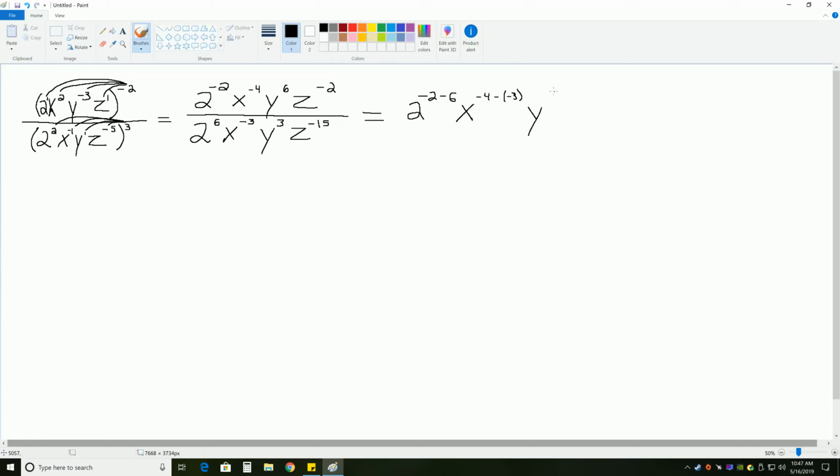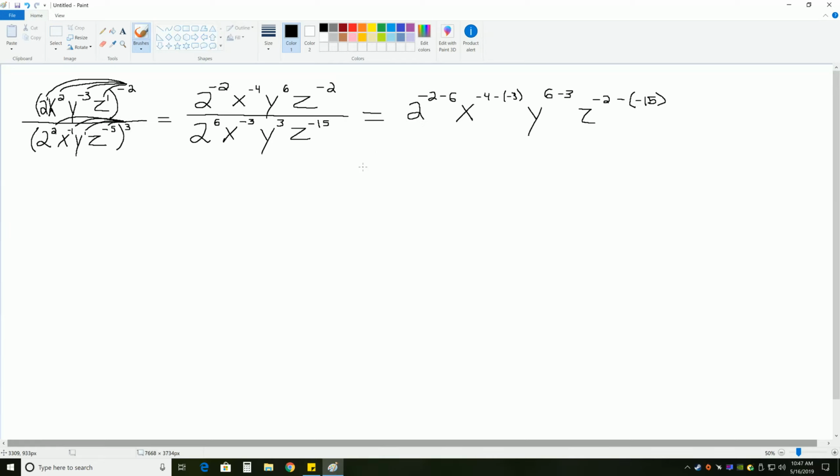The top exponent, or the numerator's exponent, was 6. The denominator's was 3, so we have 6 minus 3. And finally, we have z to the negative 2 minus the denominator's exponent, which was negative 15. This eliminates our fraction.